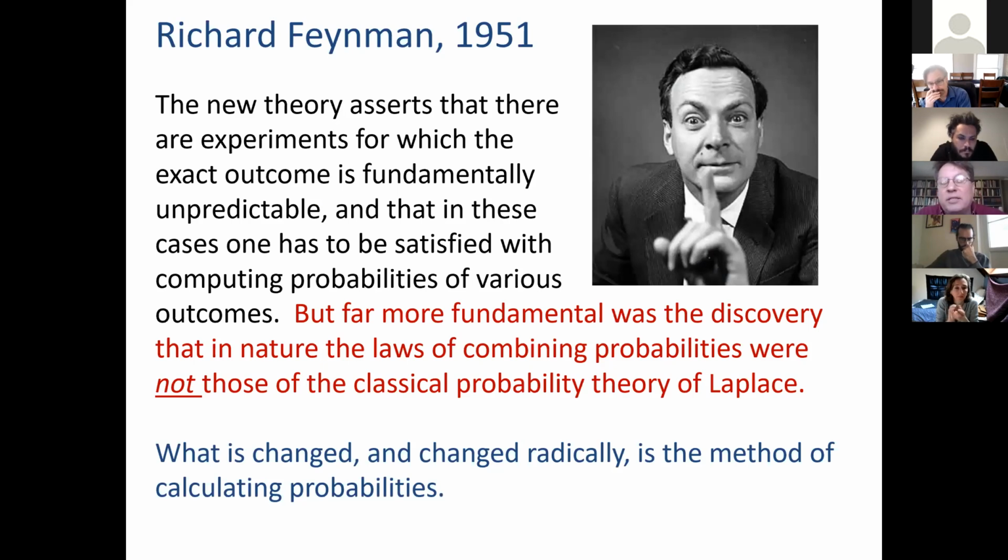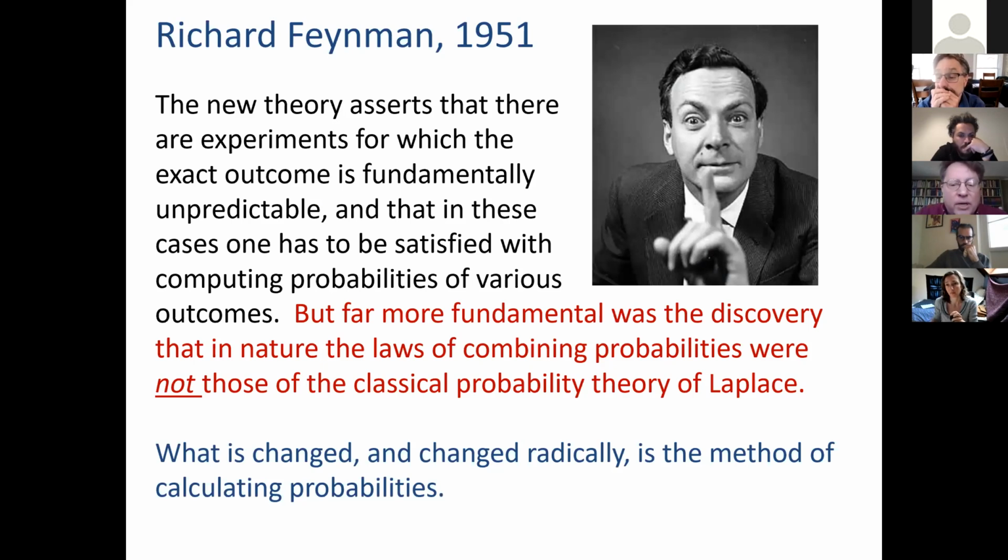Toward this end, I'm going to go back to something Richard Feynman said in a 1951 paper titled The Concept of Probability in Quantum Mechanics. Feynman said, "The new theory asserts that there are experiments for which the exact outcome is fundamentally unpredictable, and that in these cases, one has to be satisfied with computing probabilities of various outcomes.